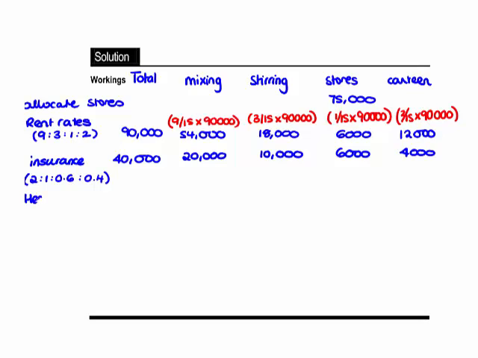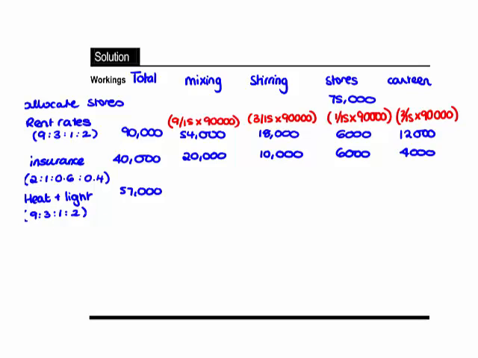Finally then we've got the heat and light costs, and the heat and light costs in total are 57,000. Now you may have noticed that these are going to be allocated on the same basis as the rent and rates, so we're going to use the same proportions here.